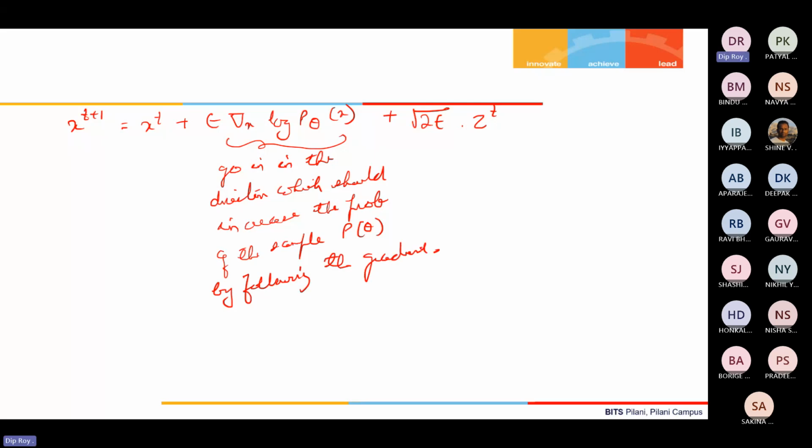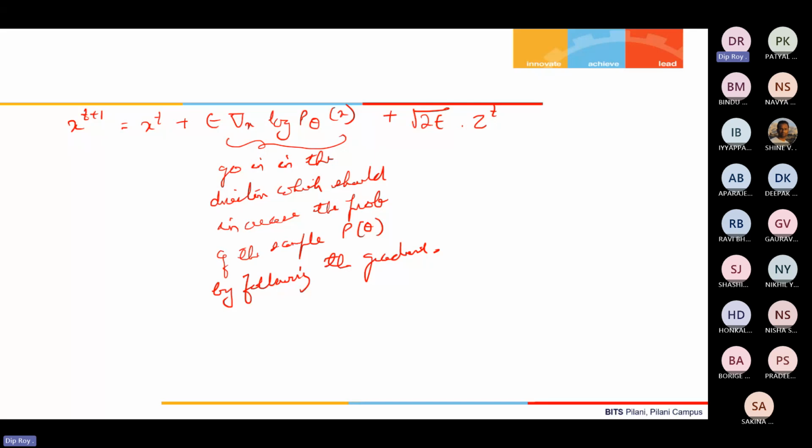Okay, so go in the direction which would increase the probability of the sample p theta by following the gradient, and obviously the gradient with respect to x. This epsilon that you see here is basically the step size.